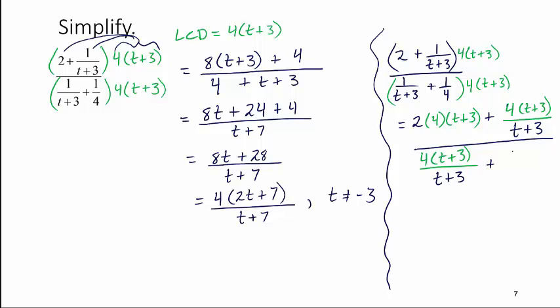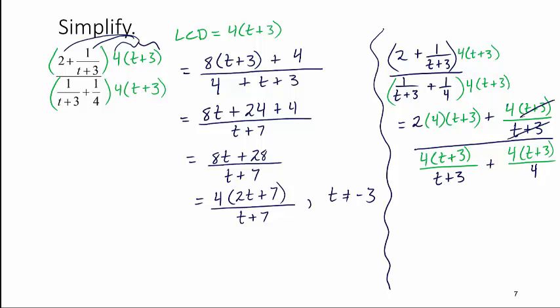And the 1/4 also gets multiplied by this. We've got 4 times t plus 3 all over 4. So in the cases, except for that integer of 2, in all the other cases something cancels.